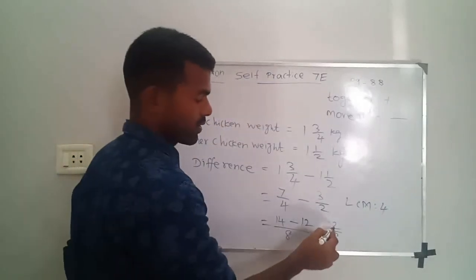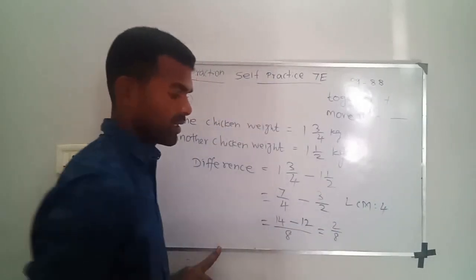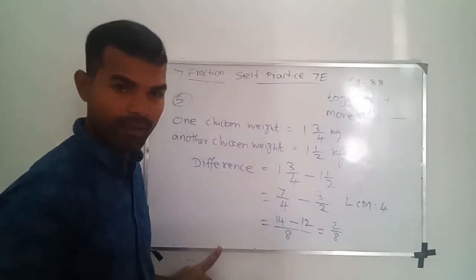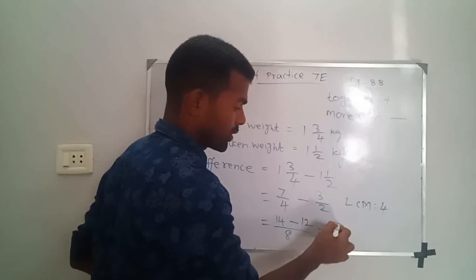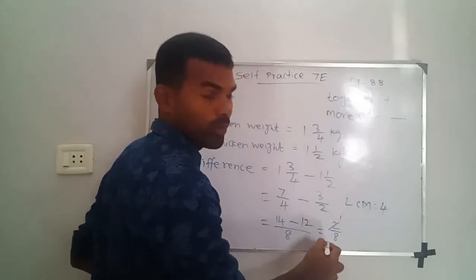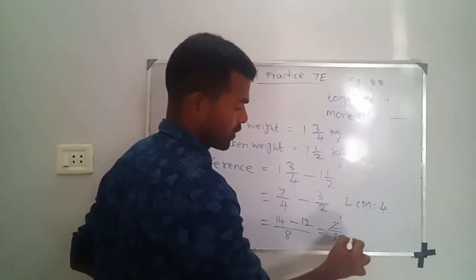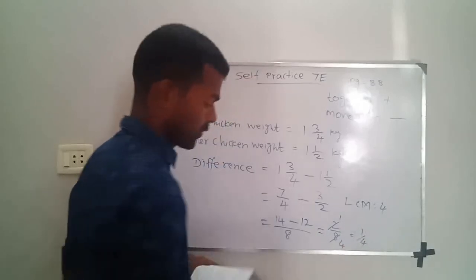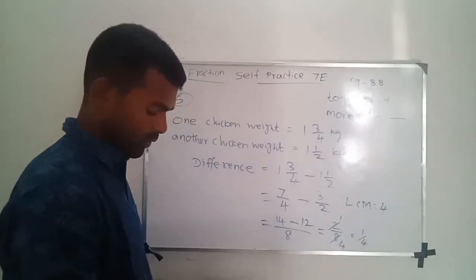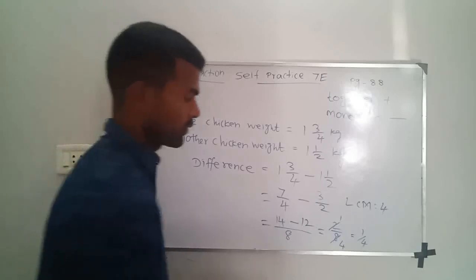So 2 by 8. This can be divided by 2. 2 divided by 2, 1 time. In 8 how many 2s? 4. So the answer is 1 by 4.